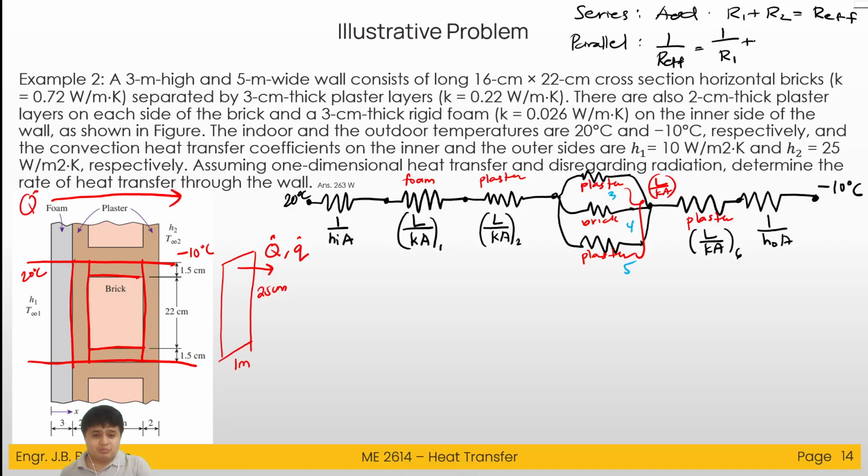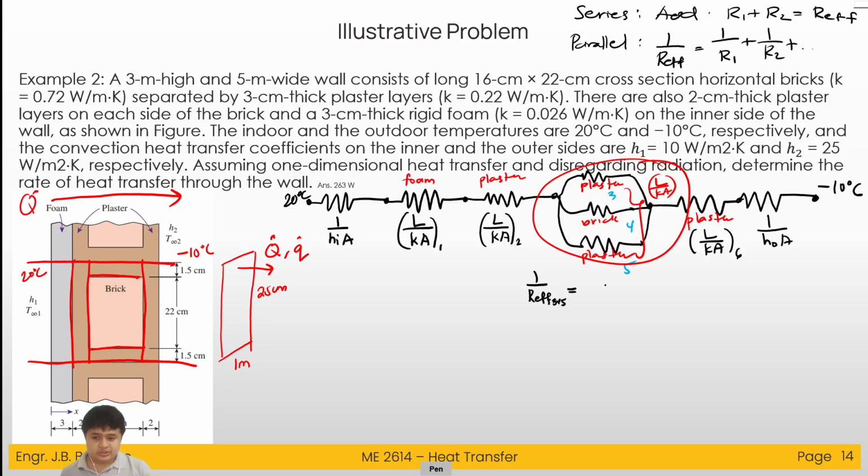So 1 over R1 plus 1 over R2, to find the parallel sum. So we can do this, and you can find the effective resistance of this one. So we have 1 over REFF of 3, 4, 5, that is equal to 1 over R1.